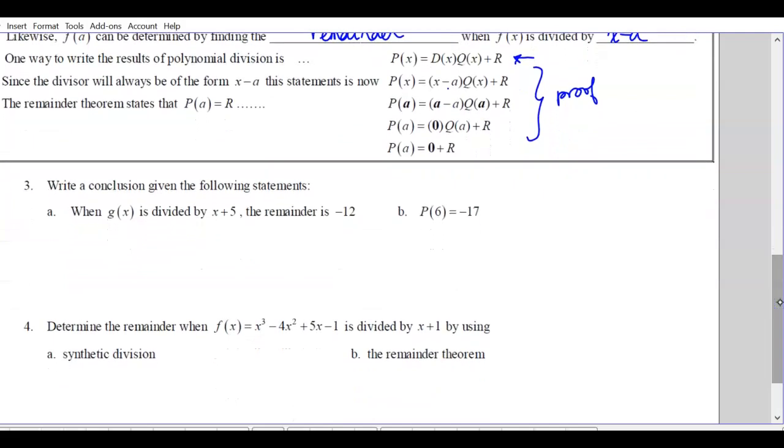All right, so it says write a conclusion given the following statements. So what can you conclude from this? When g of x is divided by x plus 5, the remainder is negative 12. So to summarize that, g of negative 5 will equal negative 12.